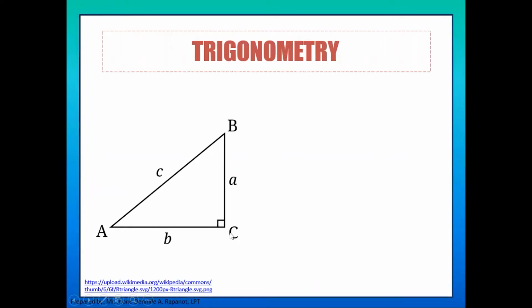And this is indeed a right triangle. Remember, in order for us to properly identify its parts, sides of a triangle are identified relative to an angle. So this is the angle, and we know for a fact that this angle is equal to 90 degrees.